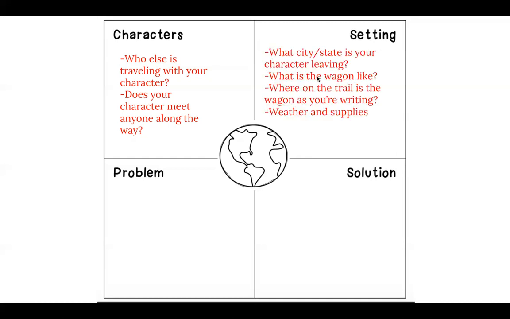For the setting, what city or state is your character leaving? Remember, individuals on the Oregon Trail started in Independence, Missouri. So your character is going to be from a city or state that is to the east of the Mississippi. So that could be areas like Wisconsin and Illinois, or in the Midwest.